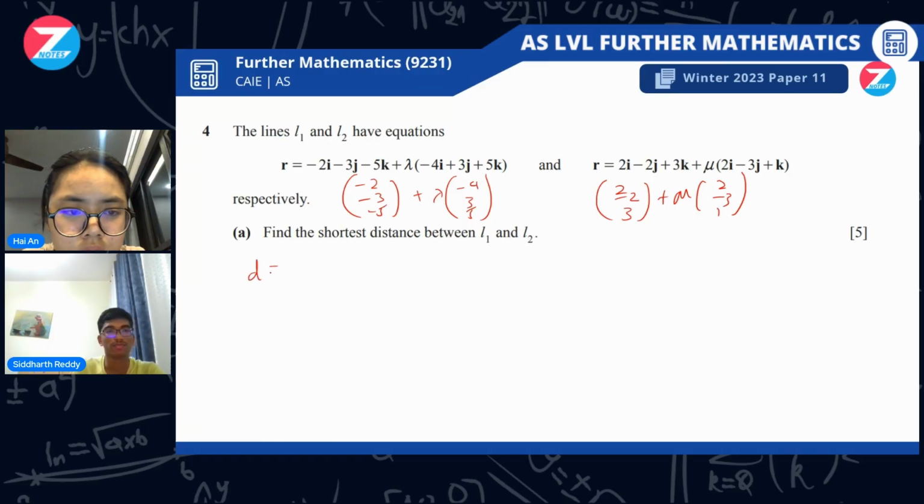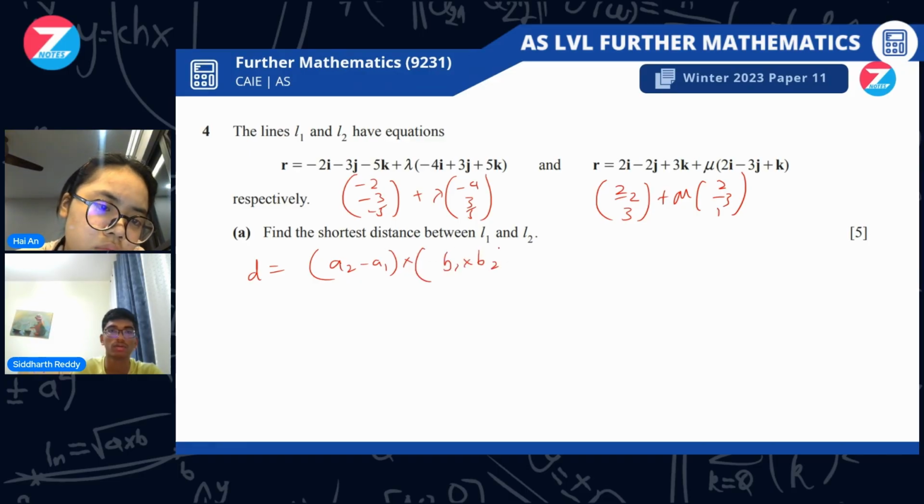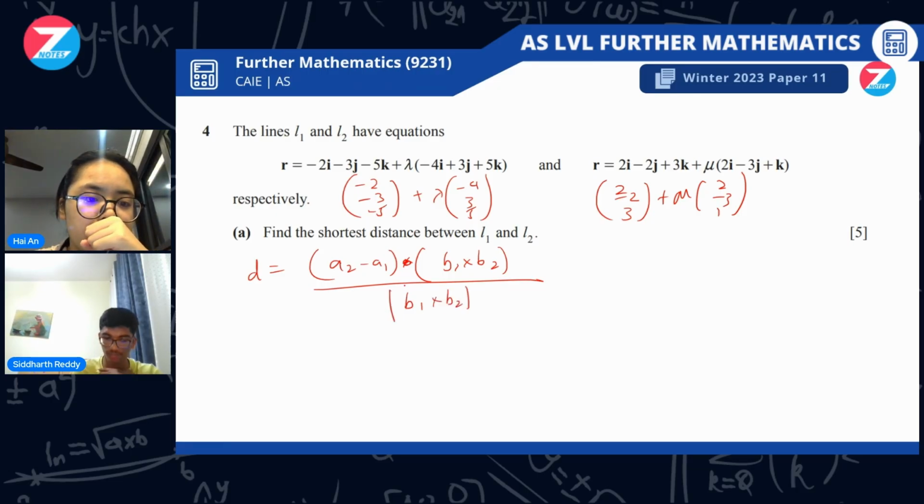So the formula for this one is just (A2 minus A1) dot the cross product of B1 and B2, divided by the magnitude of B1 cross B2. Okay.